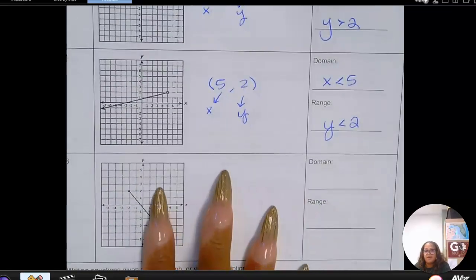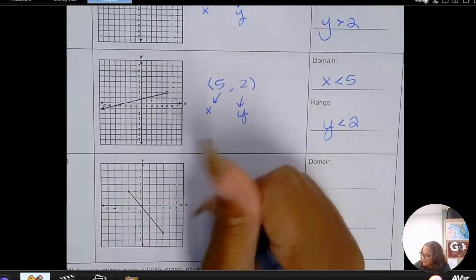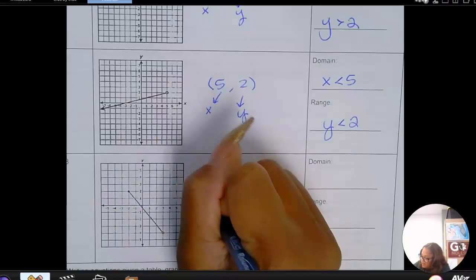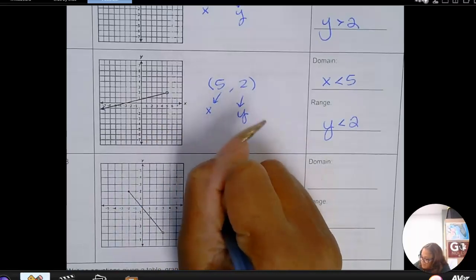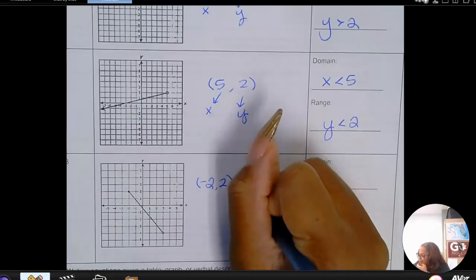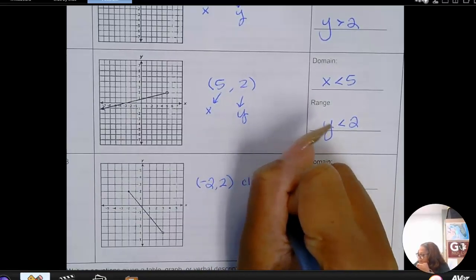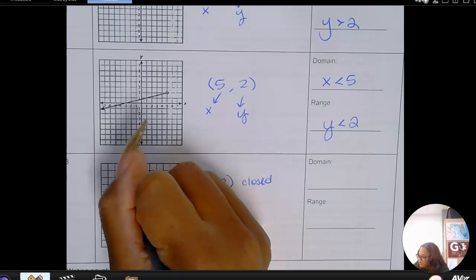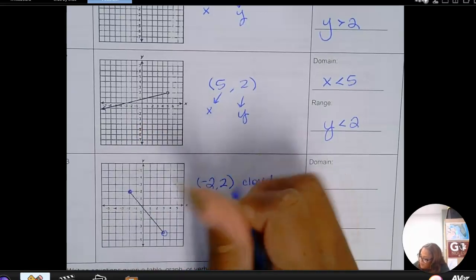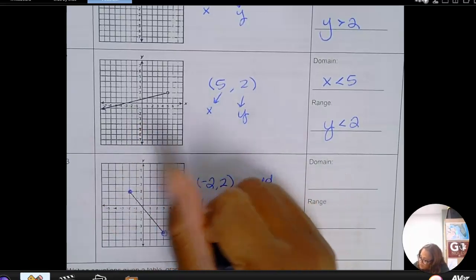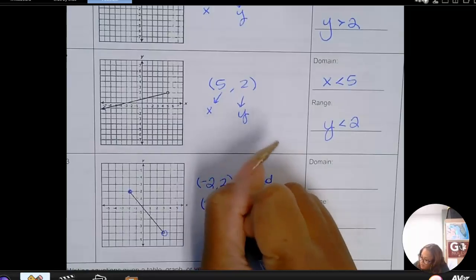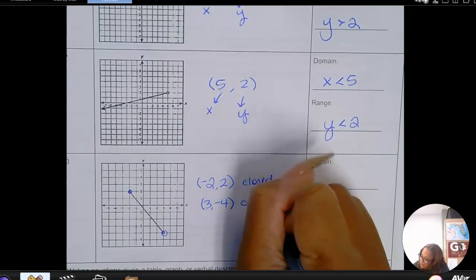here. Now this one bounds me by 2 endpoints. This one, the leftmost endpoint is -2, 2, and it's closed. And then the rightmost is open, and that is 3, -4, open.